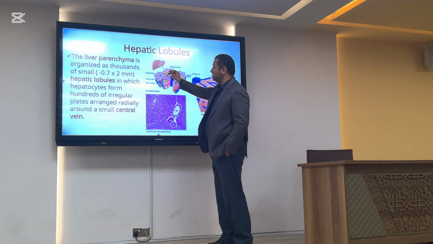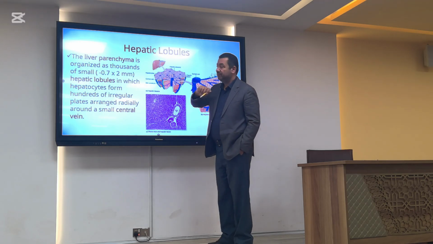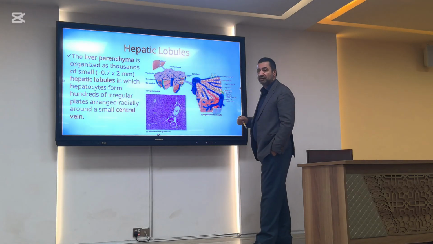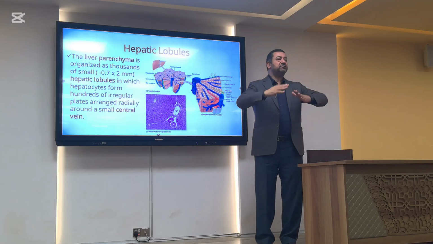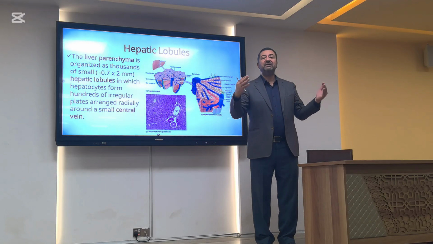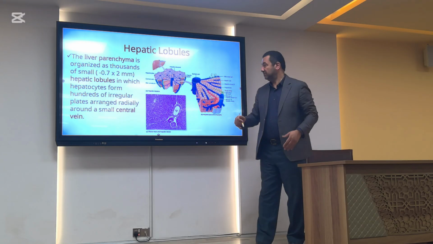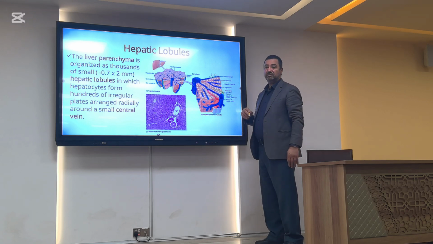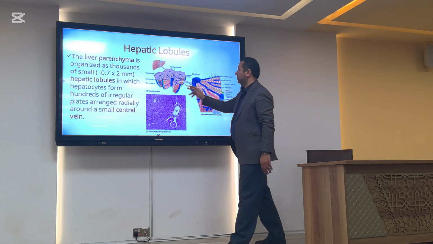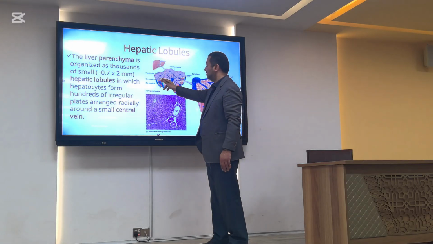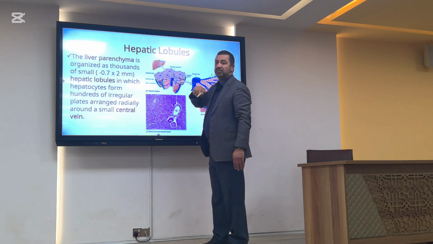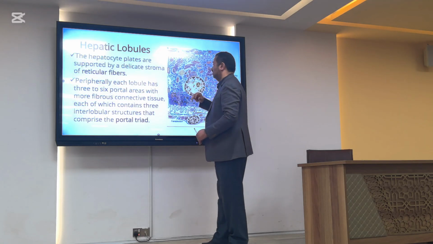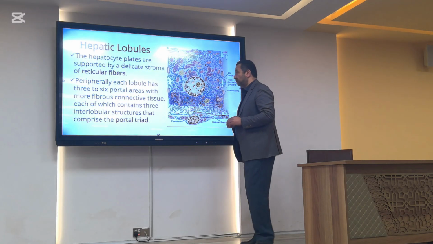It has one central vein and many hepatocyte plates, and between these hepatocyte plates there are many sinusoids. These are sinusoids. Okay? Hexagonal lobules of the liver are called classic lobules.